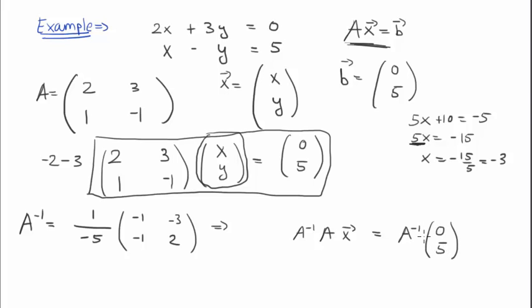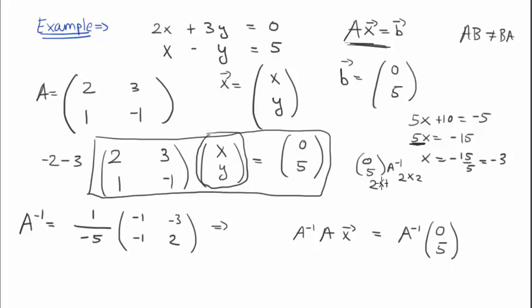Now it's important I don't do 0, 5 times A inverse, because that's not the same thing. A inverse will have dimensions of 2 by 2. This matrix over here has dimensions of 2 by 1, right? So I can't multiply them together. Remember, AB is not equal to BA most of the times, right?